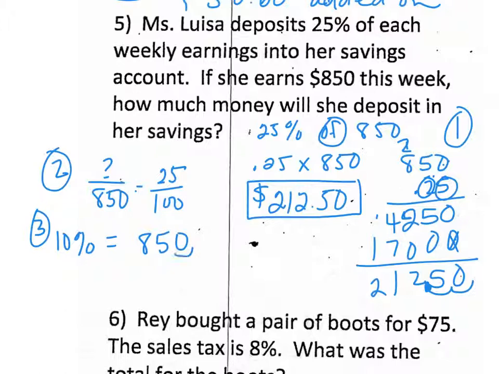I would move my decimal over 1. So it would be 85. And then I could do that a second time. Plus 85 is 170. And then I would need to know what half of 85 is. And so that would be 42.5.